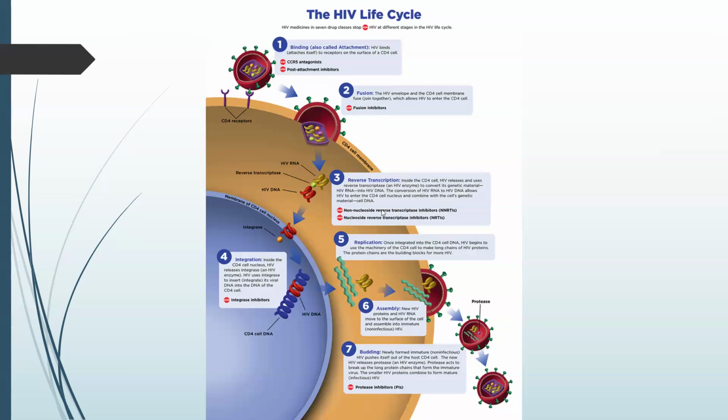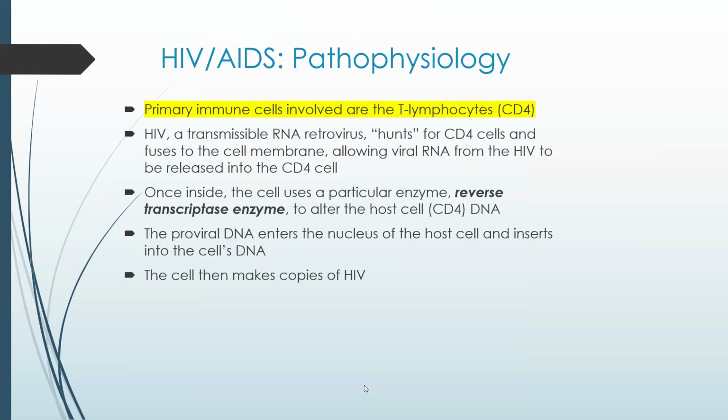We have the non-nucleoside reverse transcriptase inhibitors, the integrase inhibitors, and the protease inhibitors toward the end. This shows all these different medications used in the different stages of the life cycle of the HIV virus.